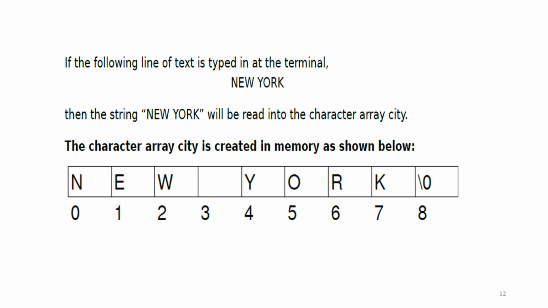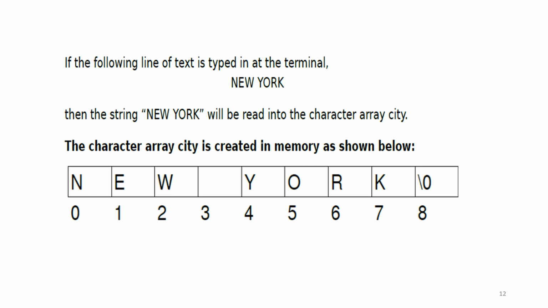If the following text is typed in at the terminal, New York, New space York, then the string New York will be read into the character array city. The character array city is created in memory as shown below.